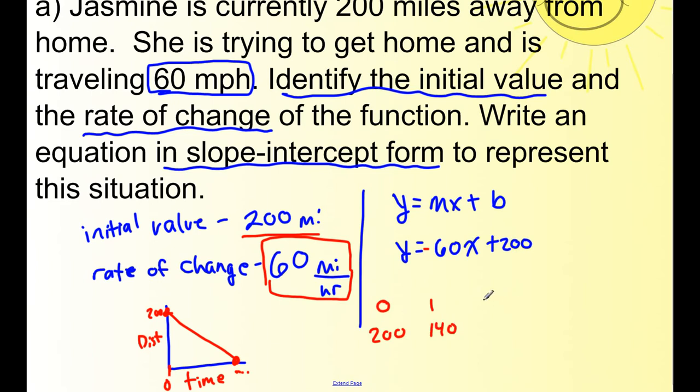And then in 2 hours, how far away from home would she be? She'd be 120 miles closer than 200, which would put her at 80 miles away from home. And then at 3 hours, she would be 20 miles away from home.